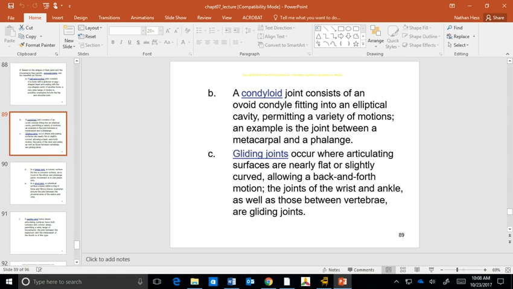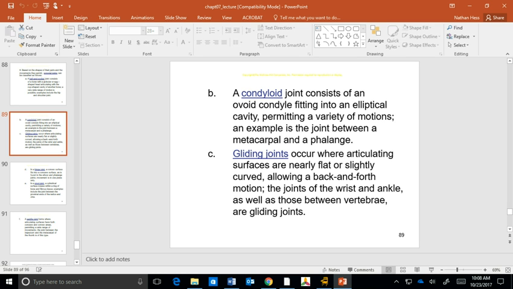A condyloid joint is very elliptical. It has this little condyle that's kind of oval-shaped that permits some different motions. So between a metacarpal, actually your palm are the metacarpals, and a phalange. So kind of these joints right here at the beginning of your fingers would be an example of a condyloid. A condyle is a piece sticking out.